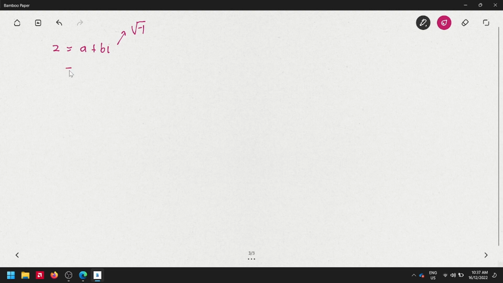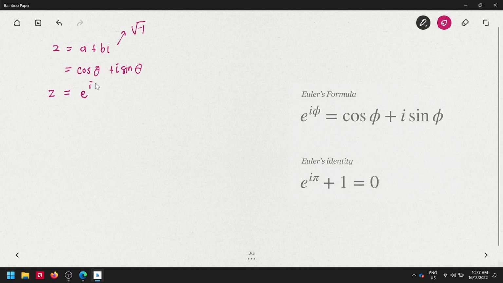Of course, I can replace this with cosine of theta plus i sine of theta, and then I put my imaginary number in front, like that. Okay? So this is basically equivalent to the exponential of i theta.